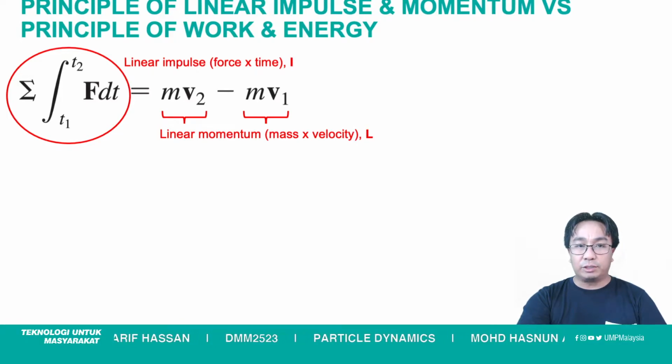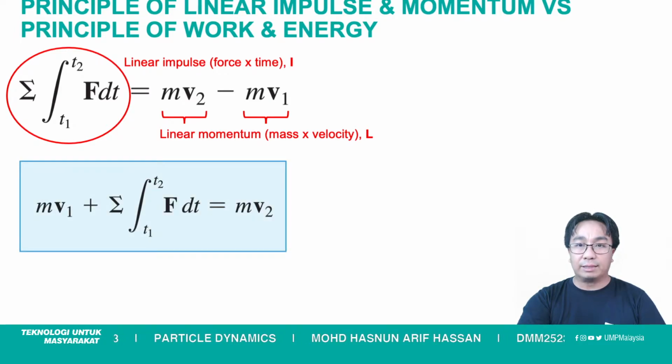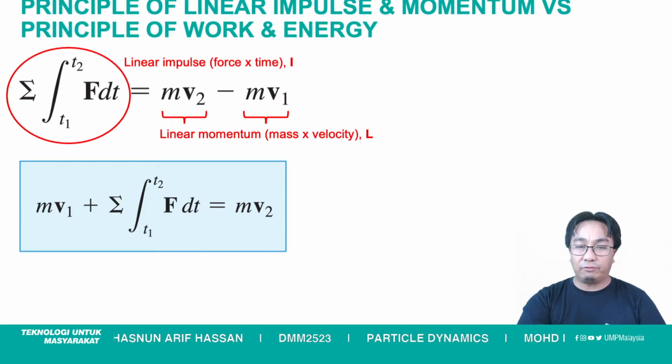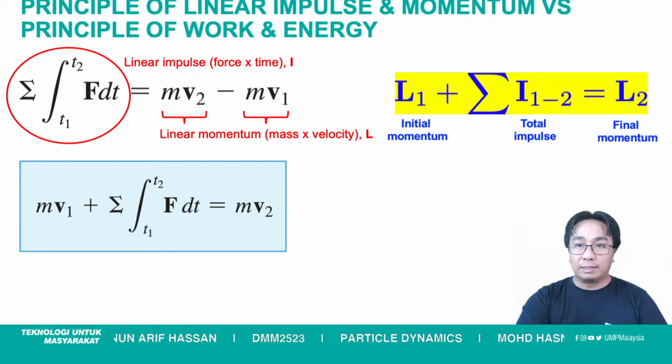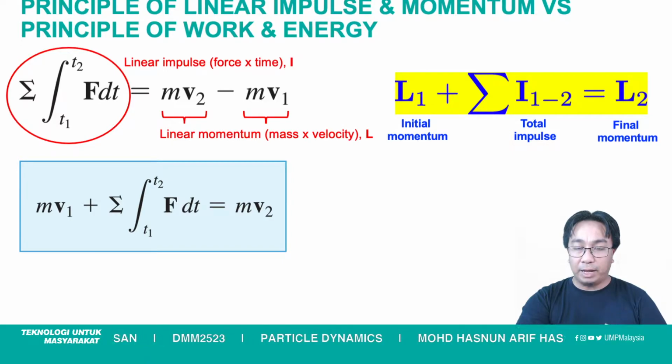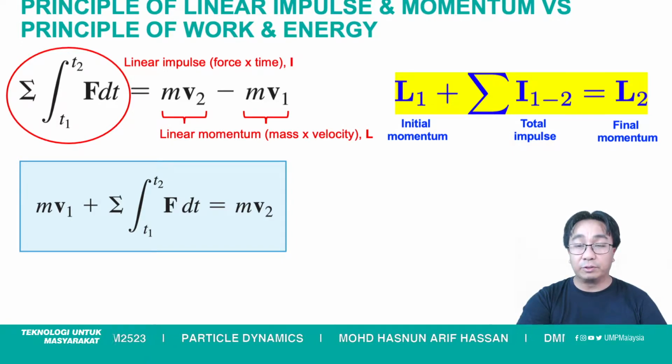From these equations that we have derived, we can rewrite this by bringing mv1 to the left hand side, and it becomes mv1 plus the integration of F dt is equal to mv2. What we have here is the initial momentum mv1, which can also be written as L1, the linear momentum.